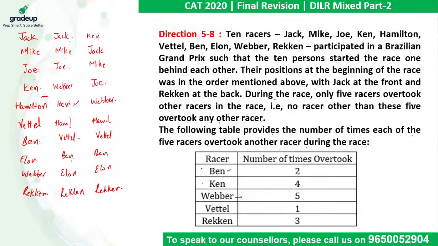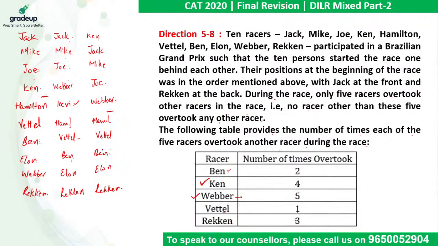right? So Ben overtook 2 guys, so there is a possibility now Ben can reach this position, right? So we have studied the possibility of Ken, and we have studied the possibility of Weber. Vettel overtook only 1 and Raikkonen overtook 3. So if Vettel overtook 1, it will be Hamilton only, right?